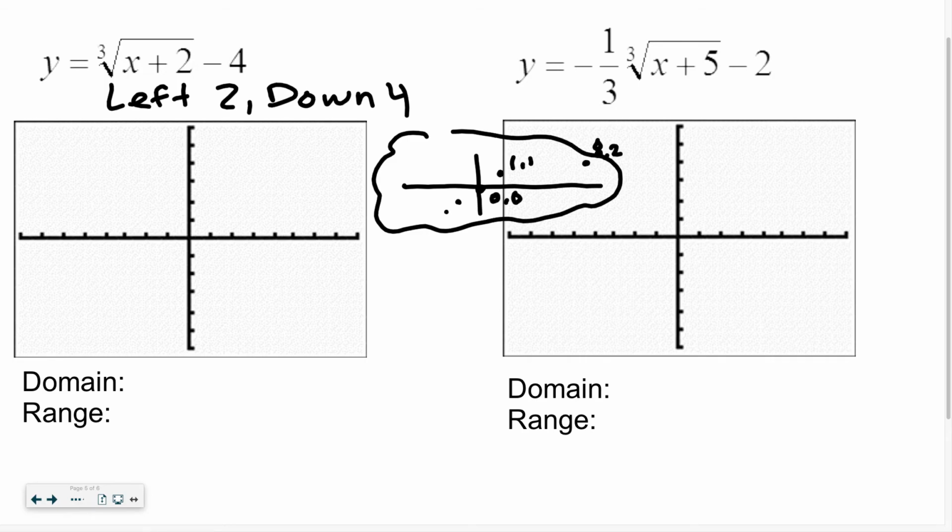And then I have negative 1, negative 1. And negative 8, negative 2. Essentially those are the points that I'm shifting left 2, down 4. So I'm going to start with this middle one, 0, 0. That's where that weird bend happens. Left 2, down 4.